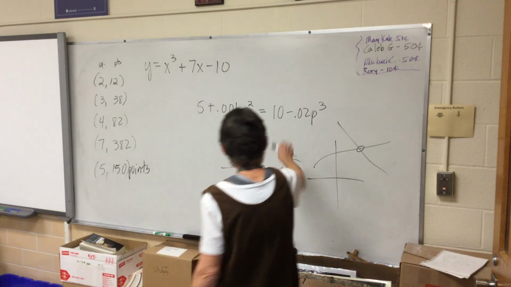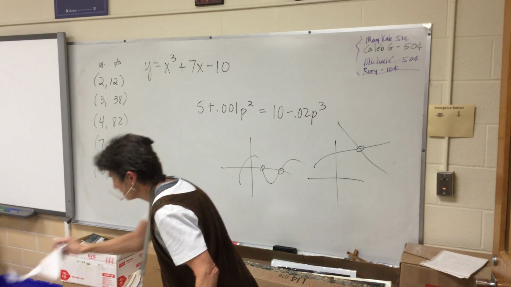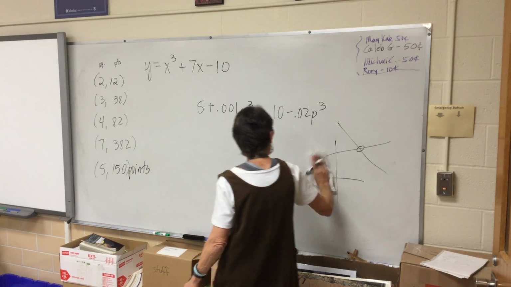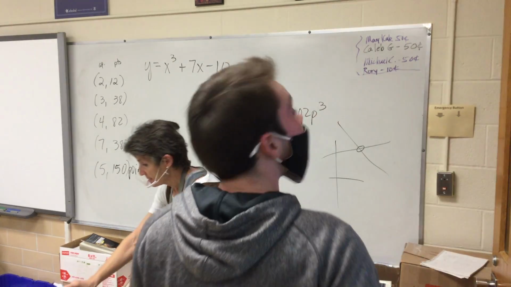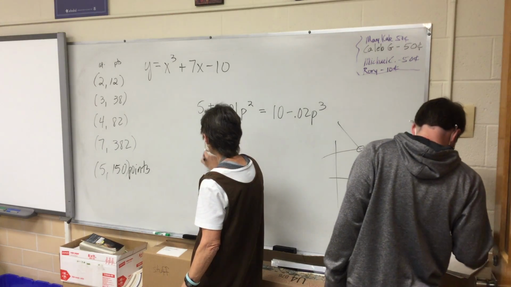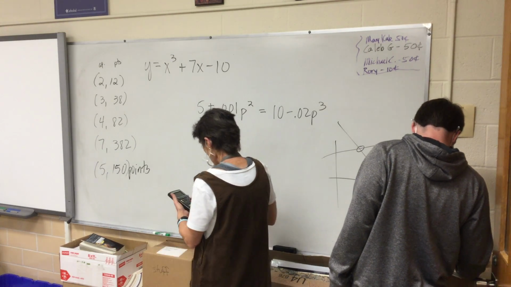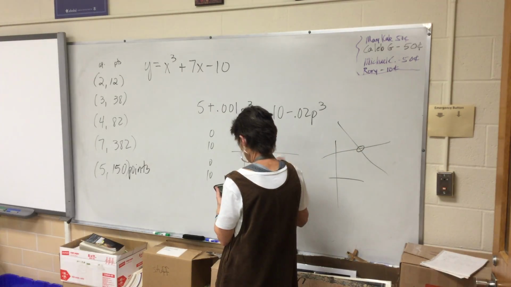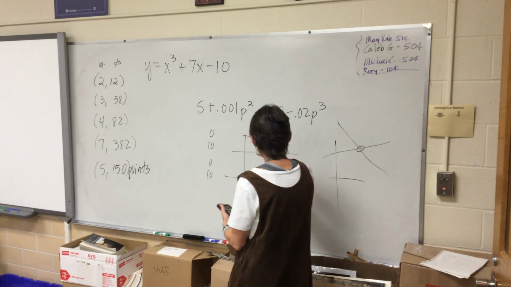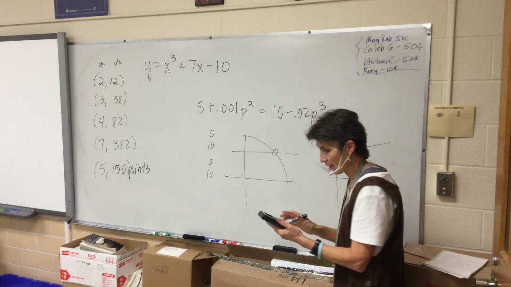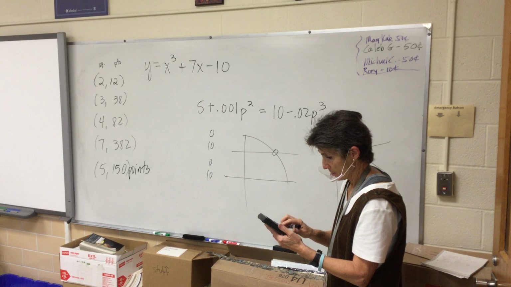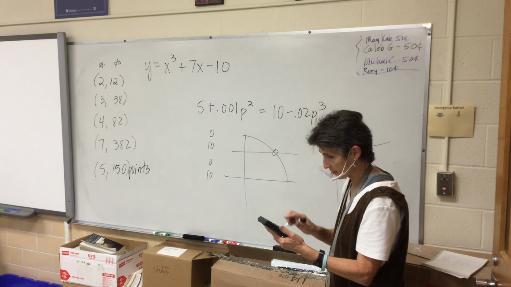I left both equations. I typed in each equation, and I used the window 0 to 10 and 0 to 10, where the X's and the Y's, and I got a nice picture. I got them crossing here, so I'm going to figure out where that is. Doing my intersect.